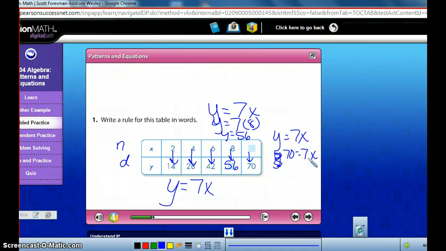This says 7 times x, so we do the inverse, which is to divide by 7. Divide both sides by 7, and we get 10 equals x. So I know that that value that's missing is 10.